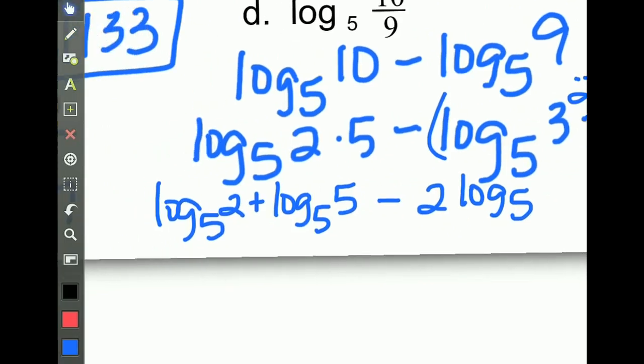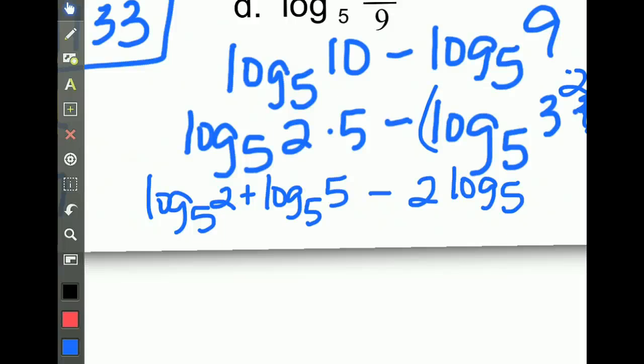Okay, so now my log 2 value is 0.4307. My log 5 value is 1.